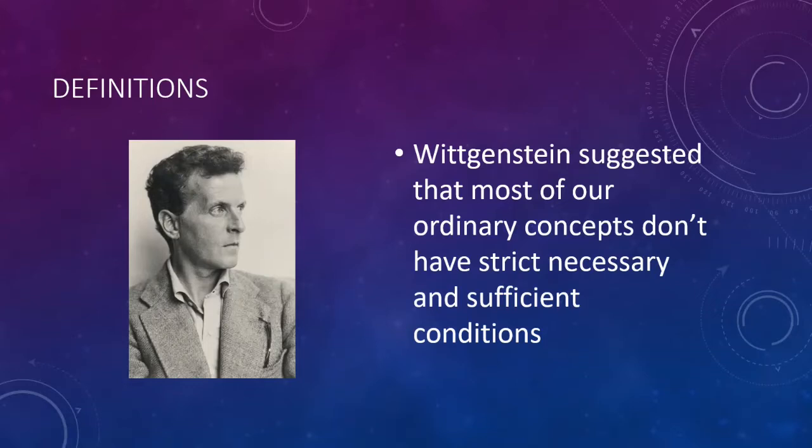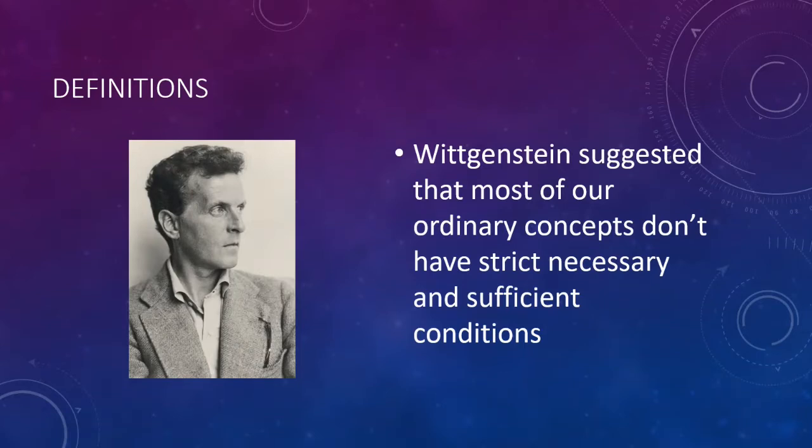So whatever the reasons, here's the claim. In some way, it's the formal languages, the languages that we invent, that are the most likely to have precise definitions, because we just say what the words mean. Here's what I mean by a triangle.